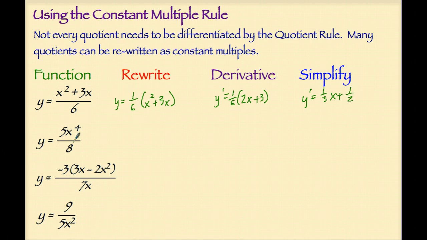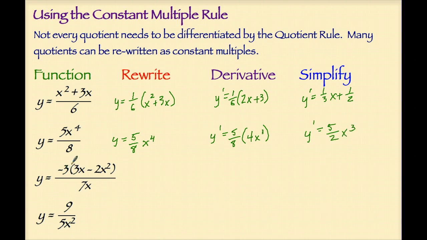No need for the quotient rule. Again, since the denominator is just a constant, let's rewrite 5/8 as the coefficient of the function. The derivative then is going to be 5/8 times the derivative of the function, 4x cubed. And when we simplify, that gives us 5/2 x cubed.